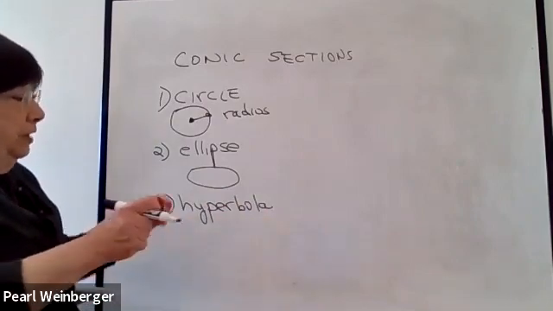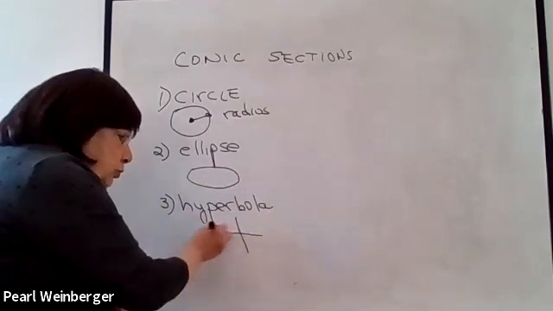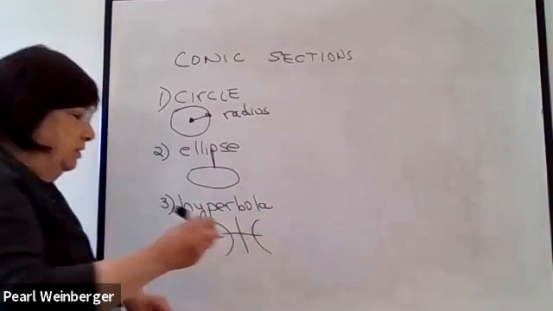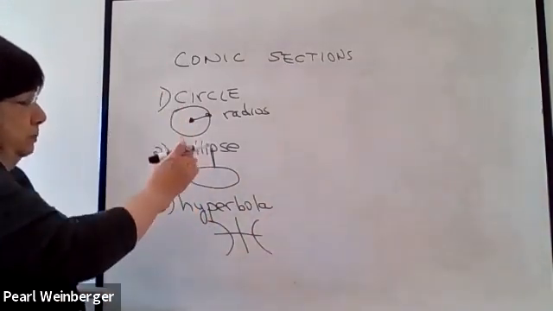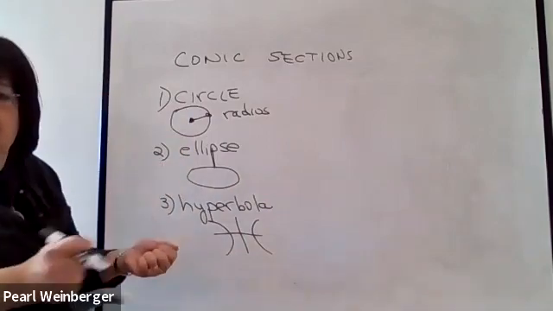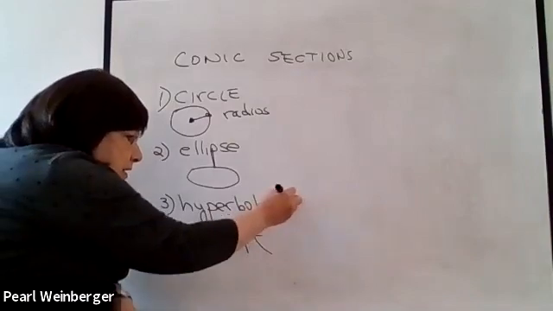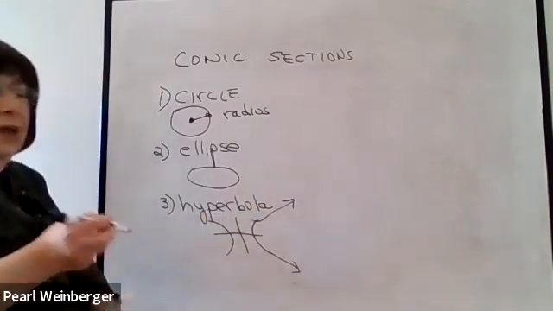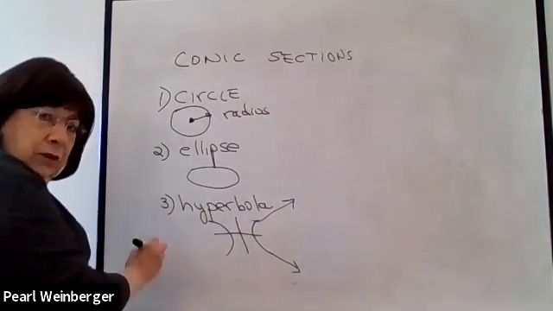A hyperbola is where you have two separate pieces facing away from each other. It's like you took your ellipse or your circle, you split it in half and turned it inside out, except these keep going on and on and on. It's a very strange shape. That's a hyperbola.